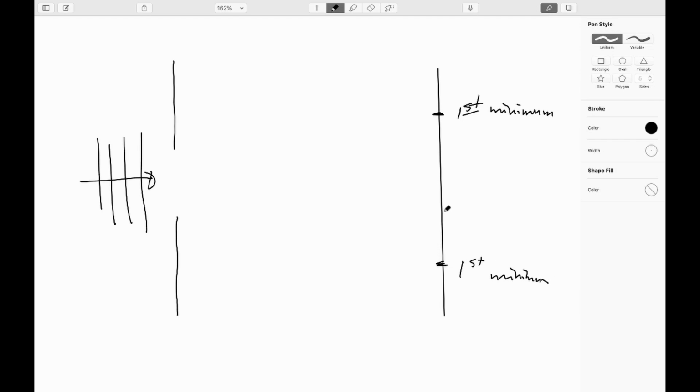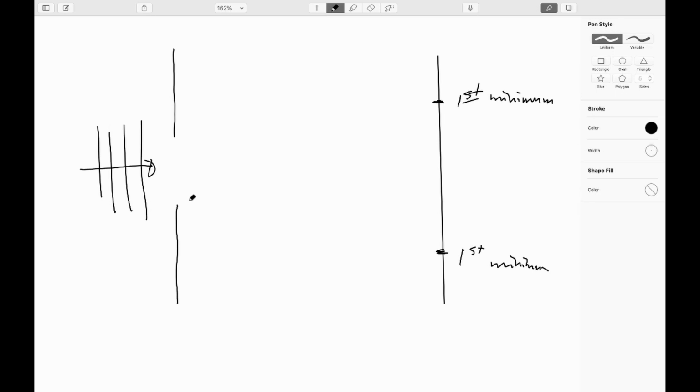And it turns out, so let's say that the separation of our slit, the width of our slit here, is a.